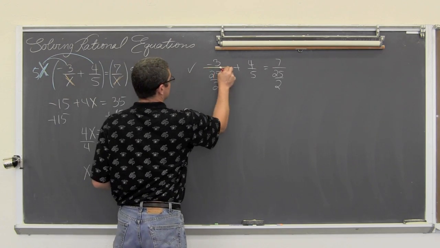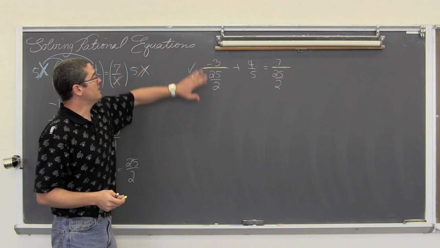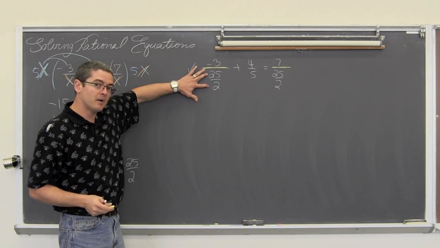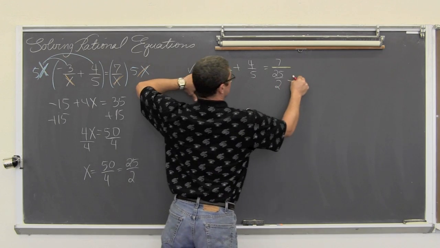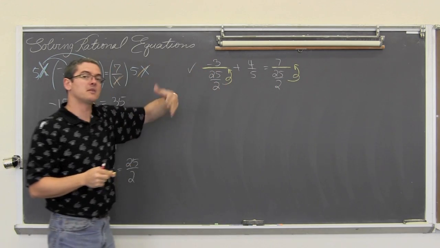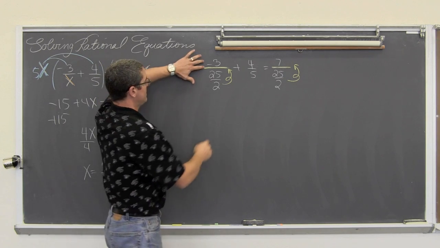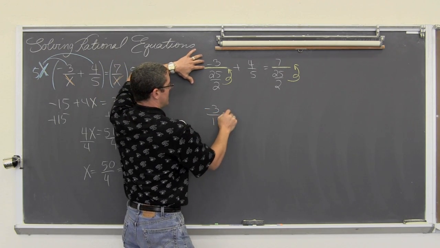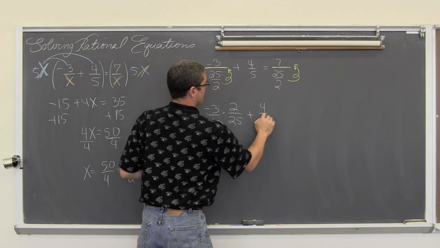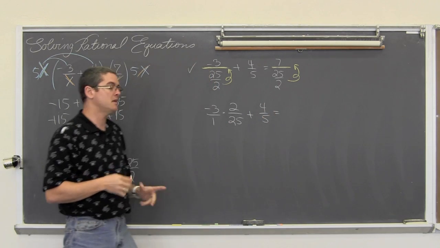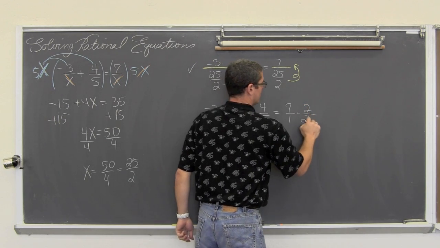I'll just quickly say that let's not forget that a fraction bar is a division symbol, and so this is negative 3 divided by 25 over 2. We're going to change that division to multiplication by flipping the denominator and multiplying by that second fraction. So this is going to be negative 3 over 1 times 2 over 25 plus 4/5, and let's make sure that that actually equals 7 over 1 times 2 over 25.